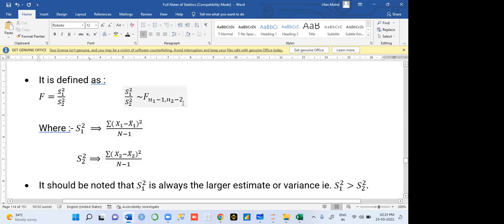Sir, it is x1 minus x1 bar whole square. Yes. अब बोले क्या बोल रहे थे? अच्छा ये ना.